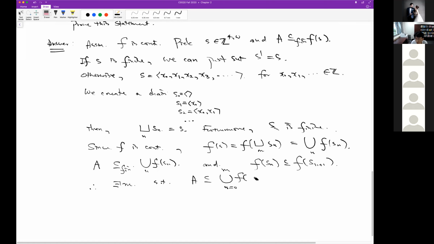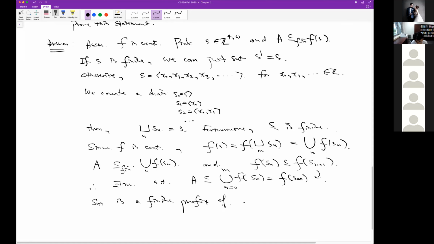It's a bit detailed proof, and that is the same as f of Sm because of this monotonicity. So what does this tell us? This tells us that Sm is what we are looking for: a finite prefix.